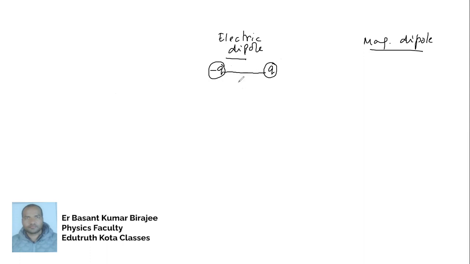If your distance here is L or D, then you can write the dipole moment as the magnitude of charge times the distance of separation. So for an electric dipole, the magnitude of the dipole moment is represented by P, and it will be charge times length.